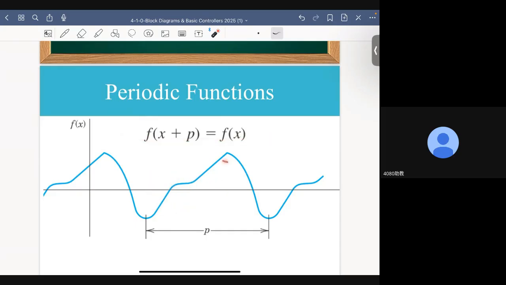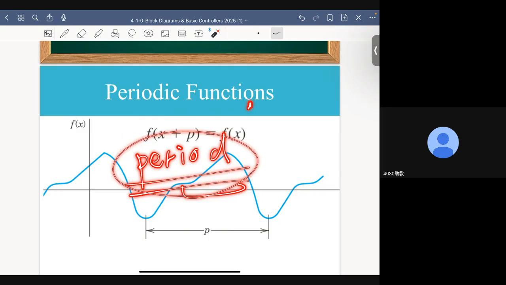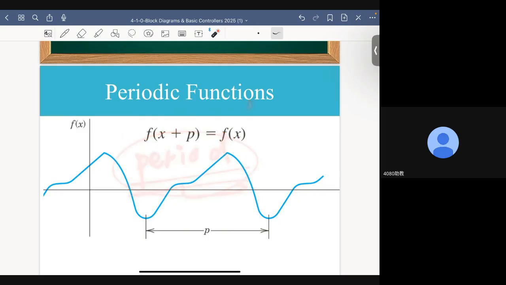This means the value of that function repeats itself after a certain amount of time. So P here, in this example, is the period of this function, because the value of the function repeats itself every P.